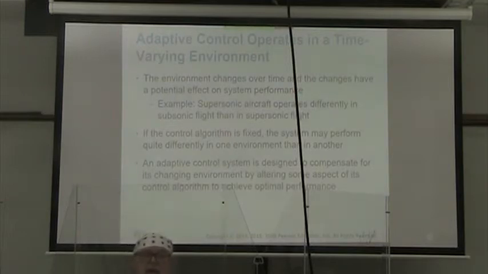If the control algorithm is fixed, the system may perform quite differently in one environment than another. So an adaptive control system compensates for that changing environment by altering aspects of its control algorithm to achieve the optimal performance. What could be clearer than that?